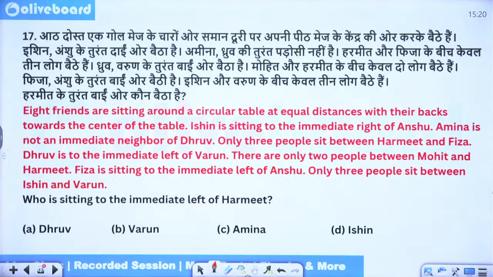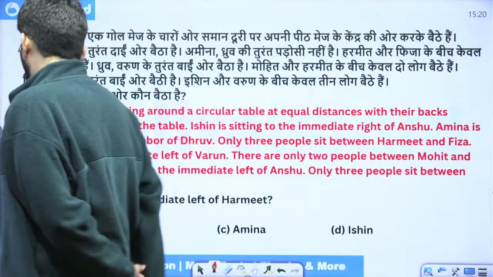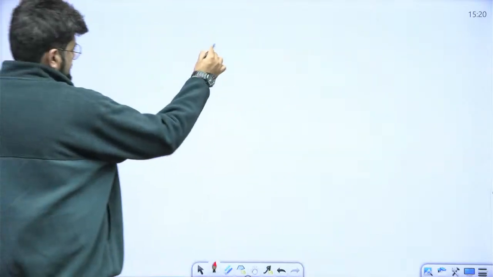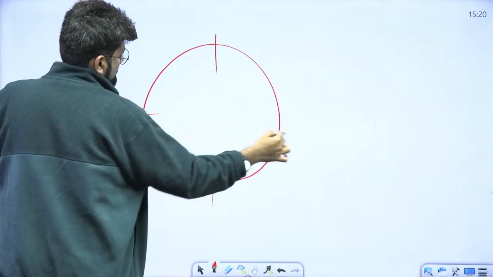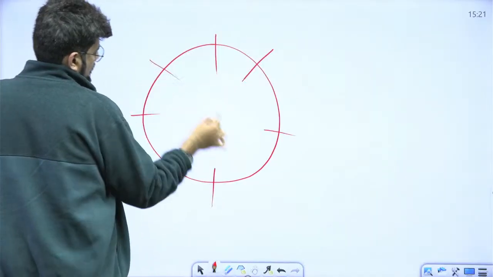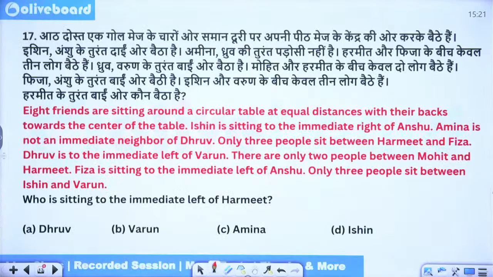8 friends are sitting around a circular table at equal distances with their backs towards the center of the table. Back towards the center. Please be careful about this, okay? Ishan is sitting to the immediate right of Anshu.